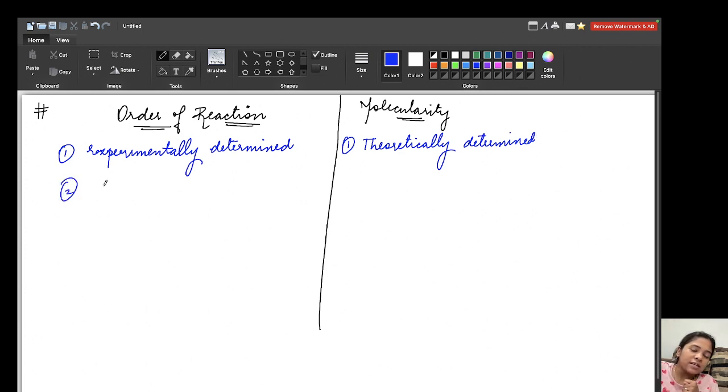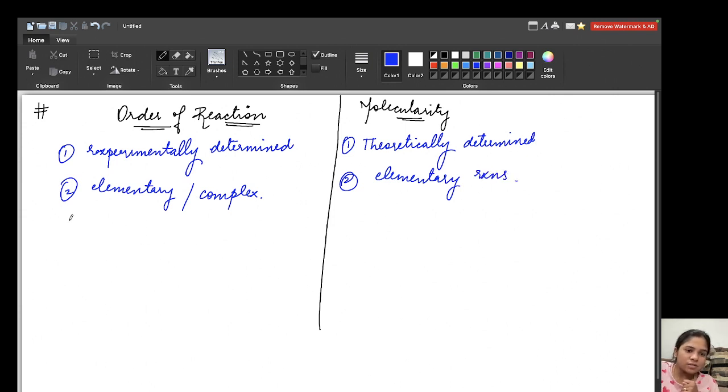The second thing is, order of the reaction is defined for both elementary reactions and complex reactions, whereas molecularity is just for elementary reactions. The order can be positive, negative, as well as zero. Molecularity can never be negative, it's always a positive integer, because you cannot have negative molecules or half molecules.